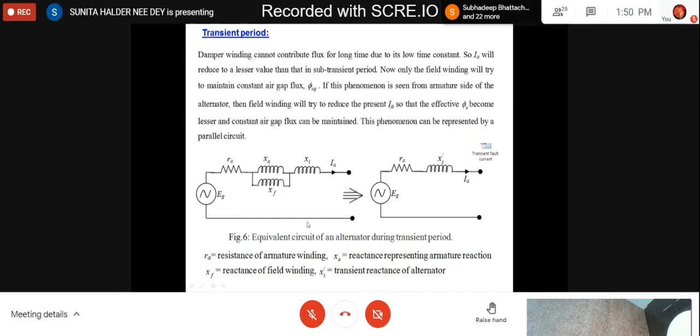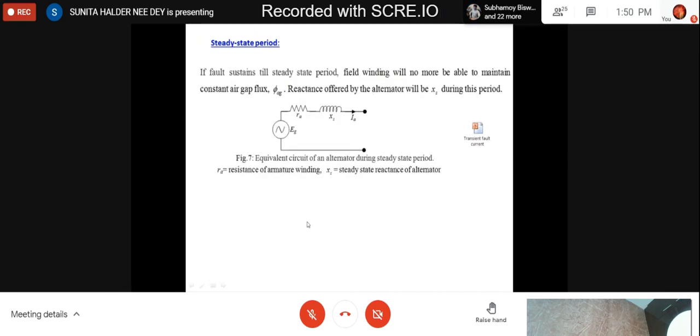Obviously, at steady state, there will be no field effect, because if we allow the fault current to flow, then the field current cannot control it, then the voltage will die down, and it will be like the normal one, so it will be RA plus XS. So this is the steady state period.